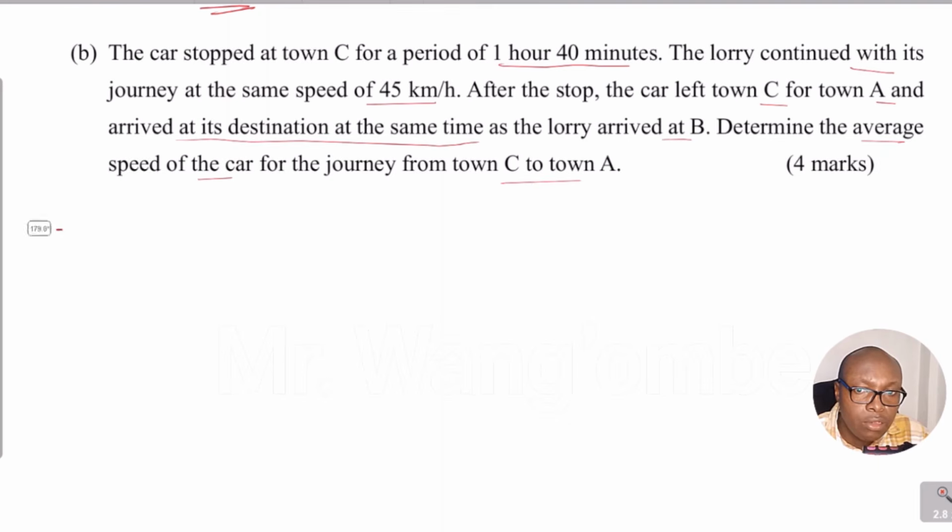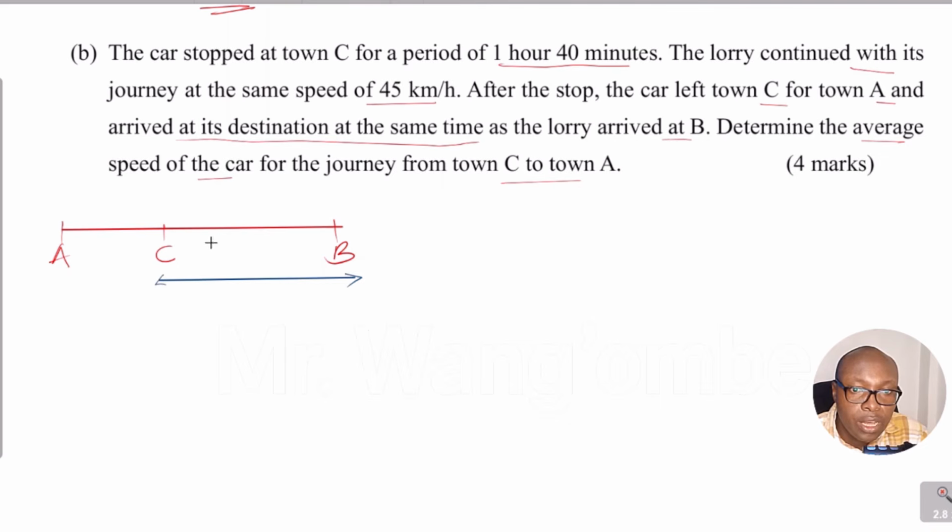So again, I'll draw this one just to explain what is happening here. So we have A, then the meeting point is there, C, and then you have B. Remember the car is moving in this direction. So first of all, the car moved up to the meeting point.